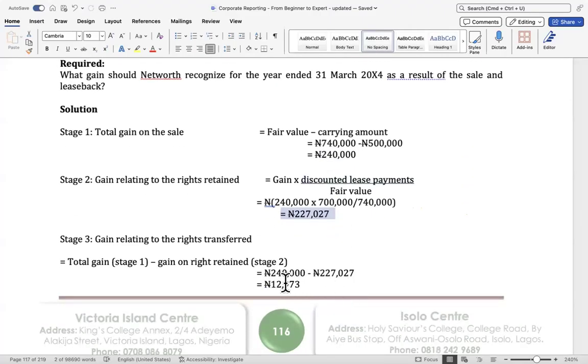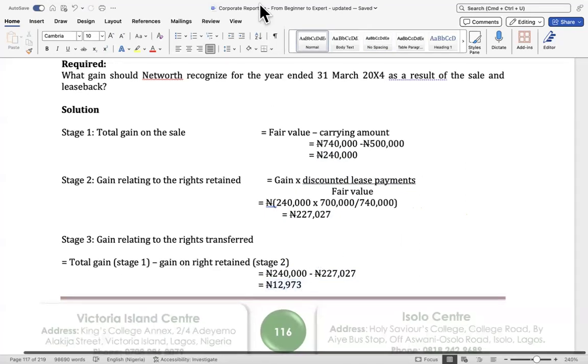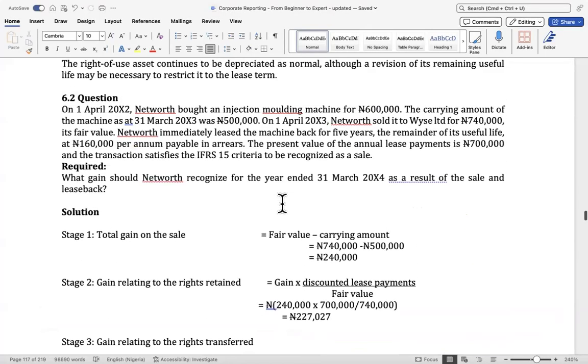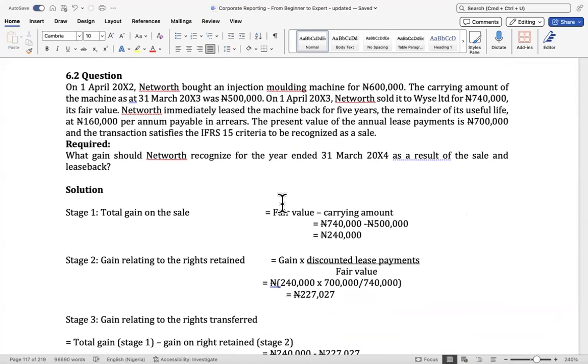So by the time you remove it, which is the total gain minus gain on right retained, then we get gain on right transferred. So it is actually this 12.973 that you can then go ahead and recognize in your P&L. No problem. We agree with that. And that's the solution to this particular one. So that explains clearly how you get gain to be recognized in P&L when we have a sale and leaseback.